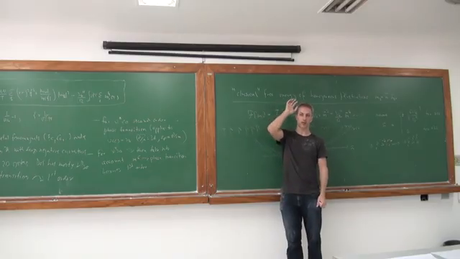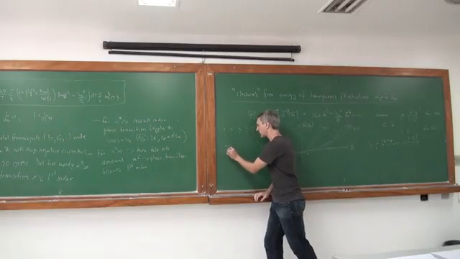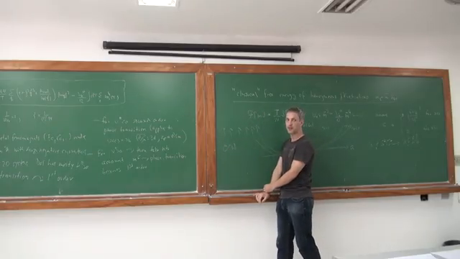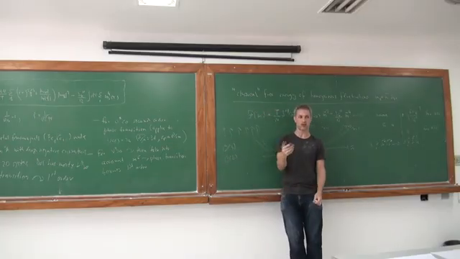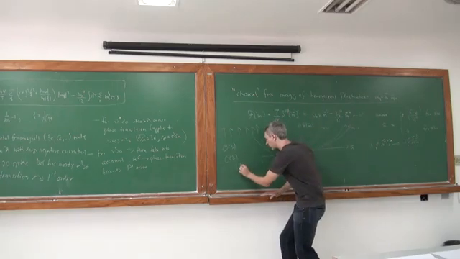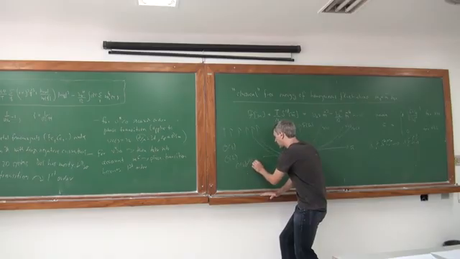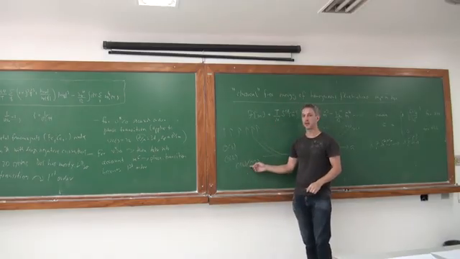So you started out from an action, in this case with O3 symmetry, and your mean field solutions have an O2 symmetry, which is a rotation around the z-axis. But this means that if you take the quotient of those two, this now defines a manifold of mean field solutions.